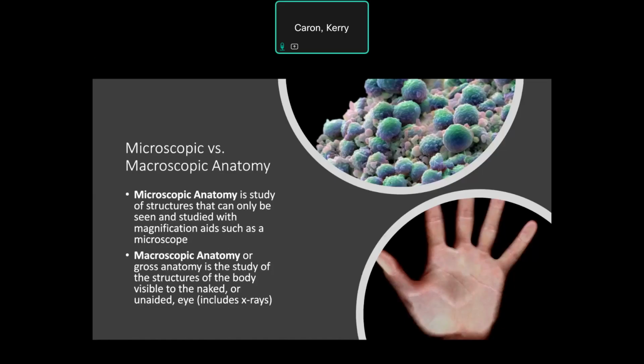Macroscopic, we also call gross anatomy, not that it's gross, but it is large scope. So that's the structures that we are able to see with the naked eye, aided or unaided, and that includes x-rays. So x-rays would be considered macroscopic anatomy.